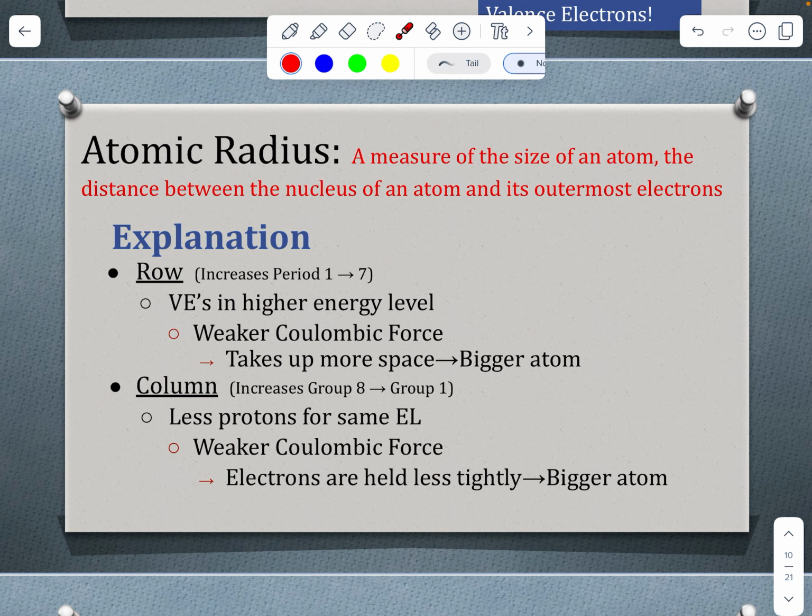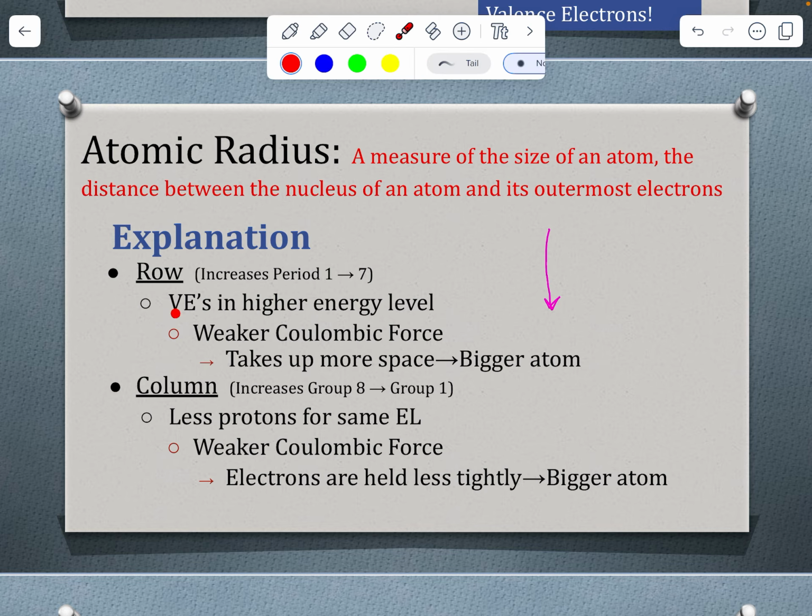All right, so our explanation here as we're looking at the periodic table. You can fill in that explanation spot on your lab document if you haven't yet. As we're looking at our rows, atomic radius is going to increase from period 1 to period 7, so as we go down the periodic table.